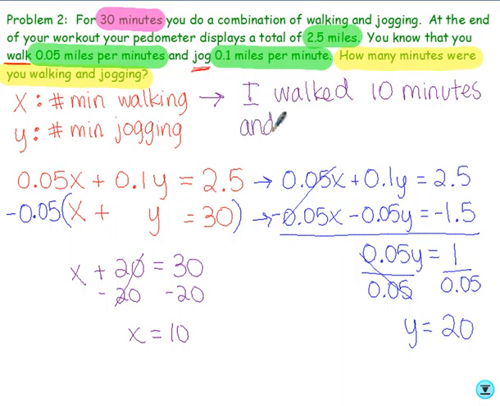And jogged. We're looking for Y for jogging. That would be 20. So I jogged 20 minutes. I'm not asking for a big long sentence. I'm asking for you to simply label the answers in a single sentence.